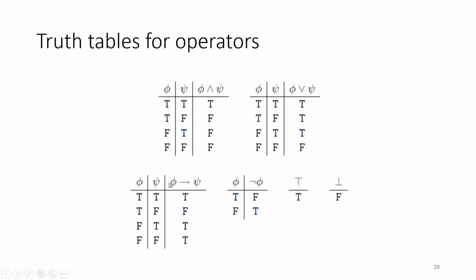Then implication: if the left side is false, implication always is true. That's a good thing to remember. So false implies everything. But if the right side is true, you also need the left side to be true. Negation just flips the values of the inner formula. True itself is always true, and false itself is always false. Okay.